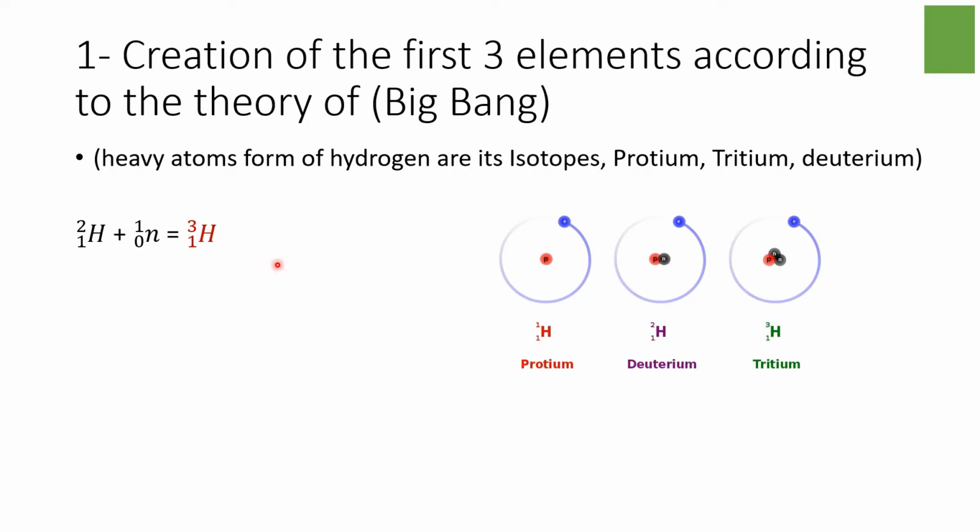On the other side, the representation for such a chemical reaction is that the deuterium is fused with one neutron, and it will appear as a heavier element of hydrogen, which is tritium.